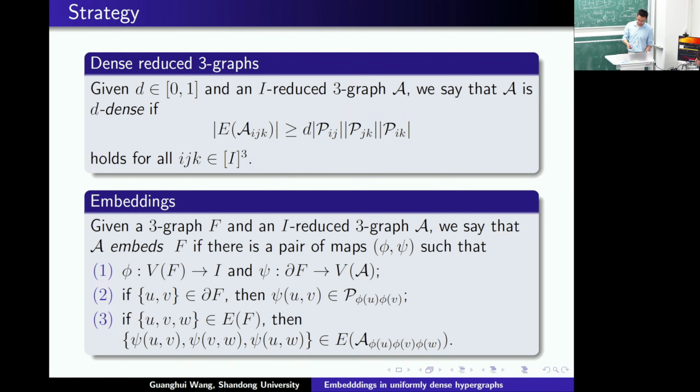If u and v belong to the shadow, then psi(uv) belongs to the vertex class P_{phi(u)phi(v)}. And if uvw is an edge of F, then psi(uv), psi(vw), and psi(uw) belong to this three-partite 3-graph.